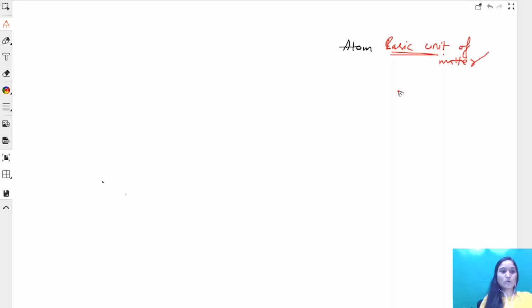And now the same way, cell is also called as building block of life, as Swati has suggested. That's true. The same way I can say that atom is the building block of matter. Did you study about proteins? They are made up of amino acids. Correct? Amino acids are building blocks of proteins.